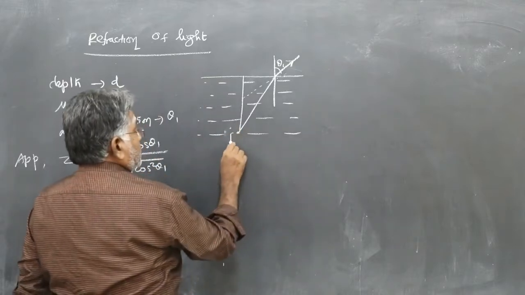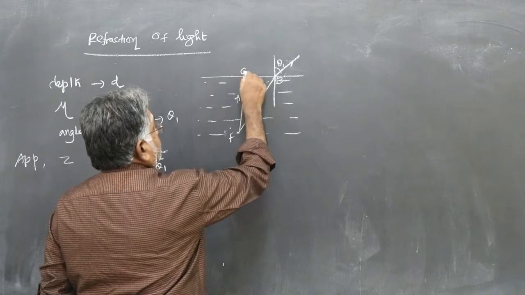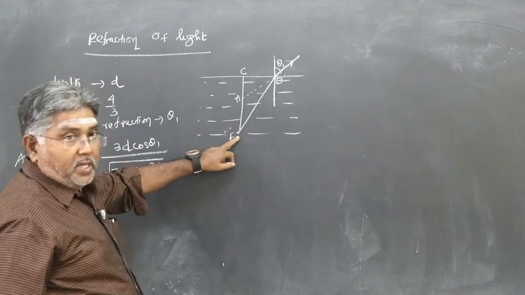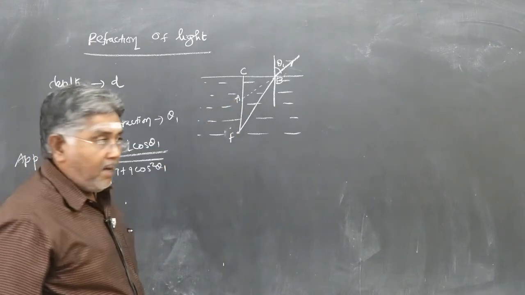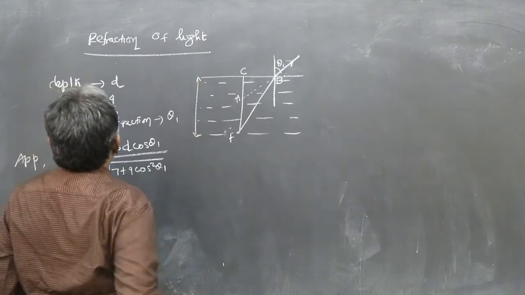F represents the fish, and A, B, C. The fish will be observed to be here at the position of A, and say the real depth is given to be d.